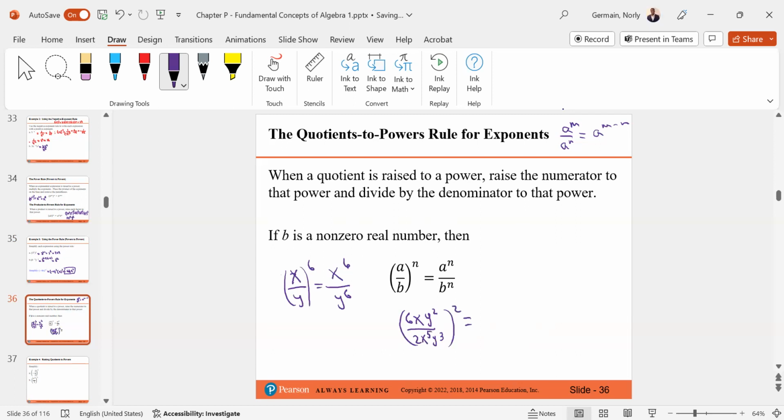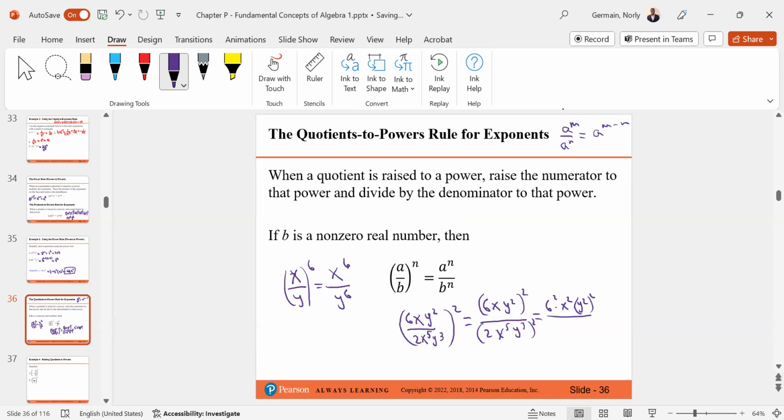First of all, you make sure you distribute the exponent to the numerator by itself and the denominator by itself. Now, from there, you give each of them their own exponents, like 6 to the power 2, y to the power 2, x to the power 2, y squared to the power 2.